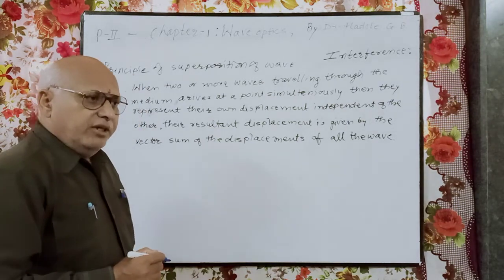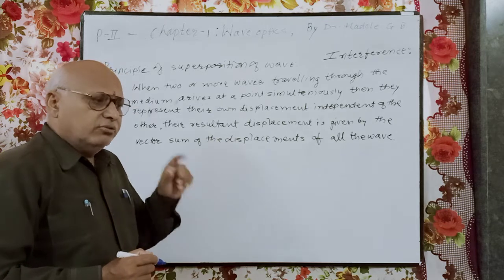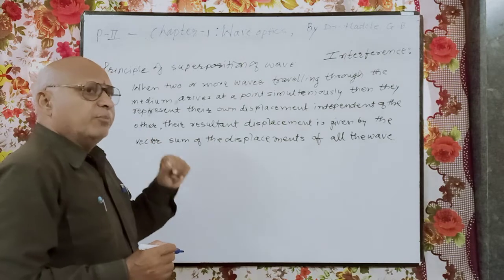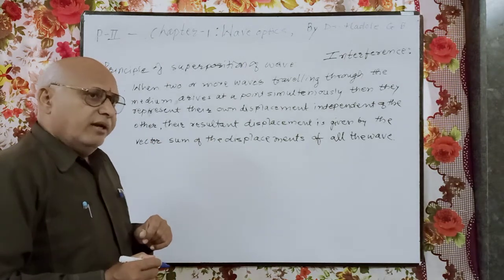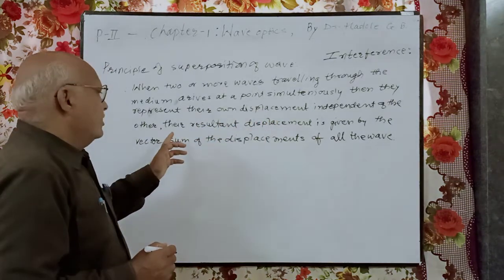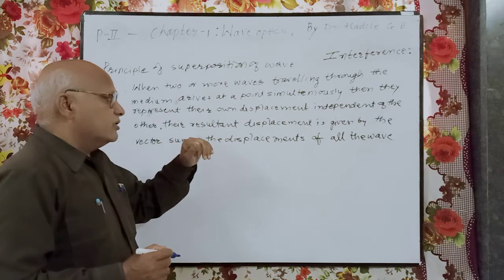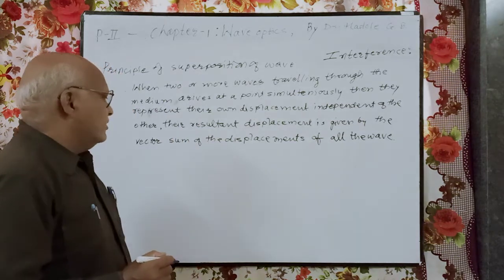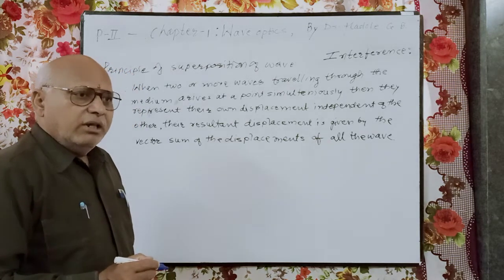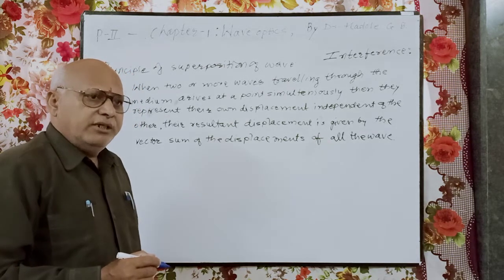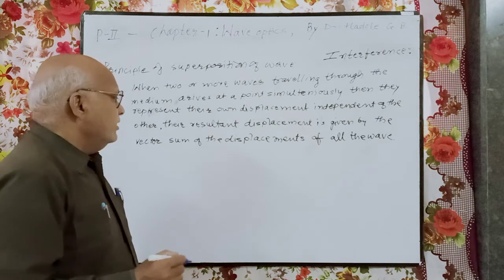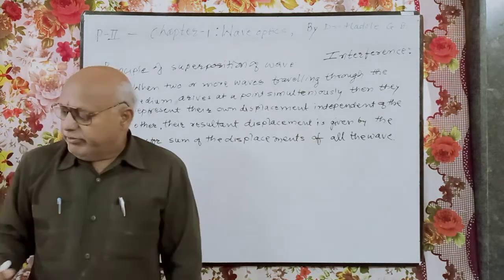It means that if two or more light waves are traveling through the medium and arrive at a point simultaneously, then there will be an addition or subtraction of the displacement vectors of the waves, and that will be the resultant wave.